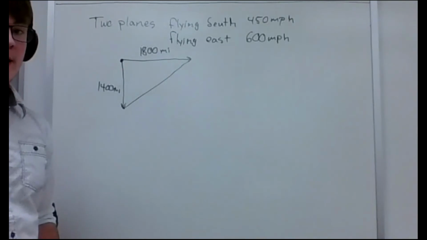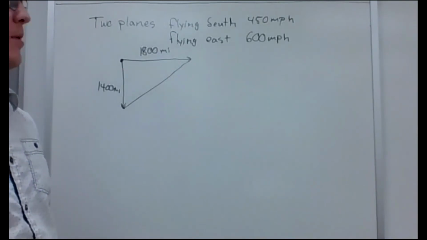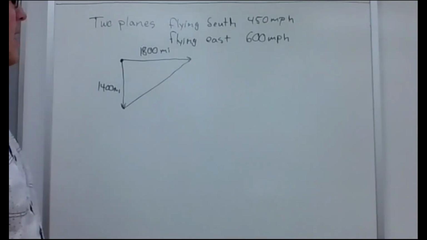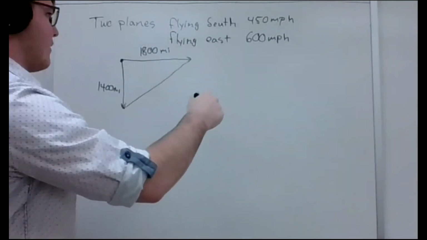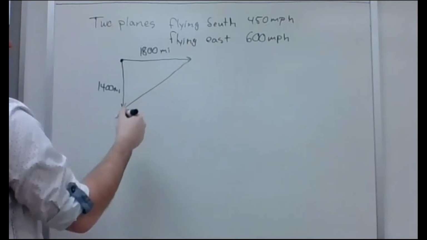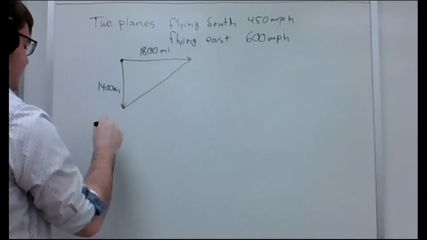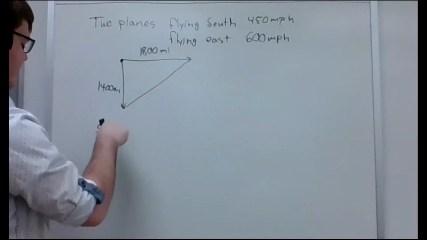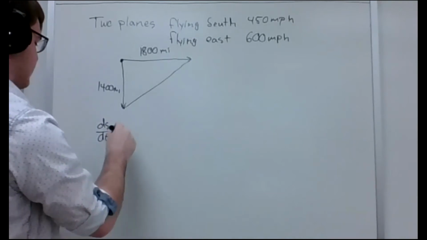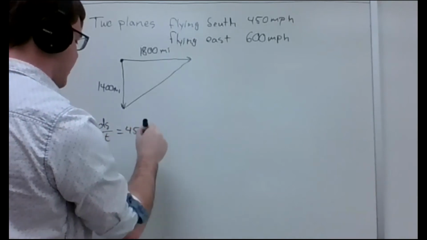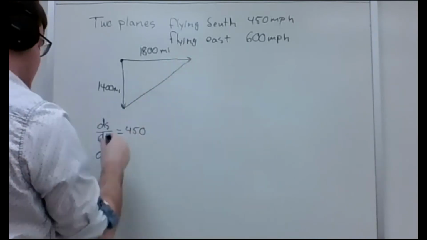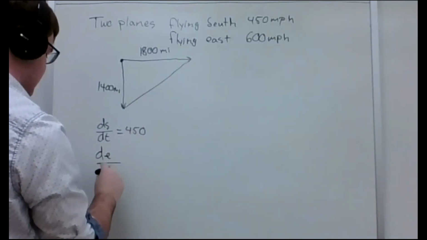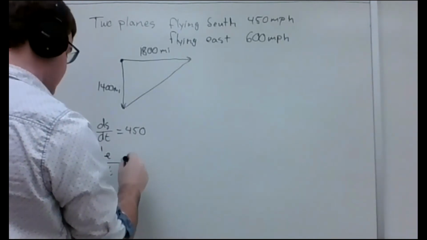All right. So, it's just like, how fast is the distance between the two planes changing at this specific point? I guess would be our question. Okay. And so, when you're doing related rates problems, it's always really handy to write down all our information. So, let's call this ds dt. So, how fast it's going south over time is equal to 450, because that's our rate, right? And then we can say that our dE dt for east is equal to 600.